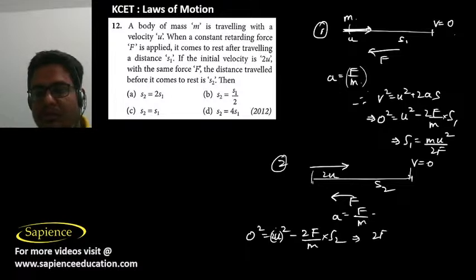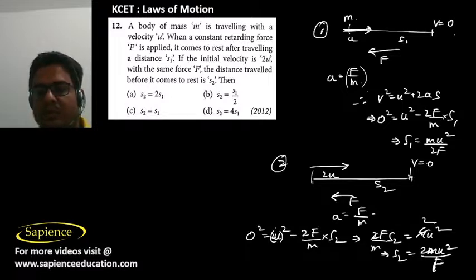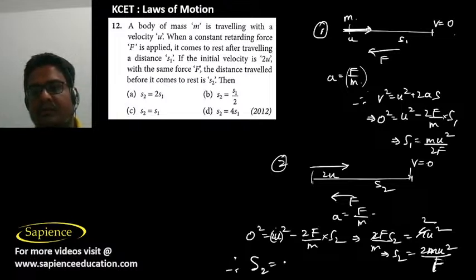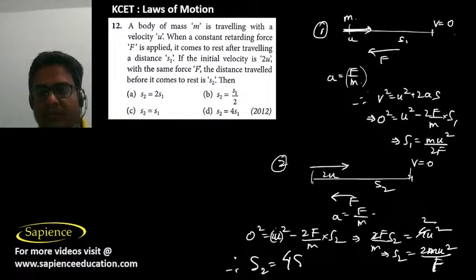So 2f by m into s2 will be equal to 4u square. So 2 and 2 will cancel. Therefore s2 will be equal to 2mu square by f. So therefore s2 will be equal to 4s1.